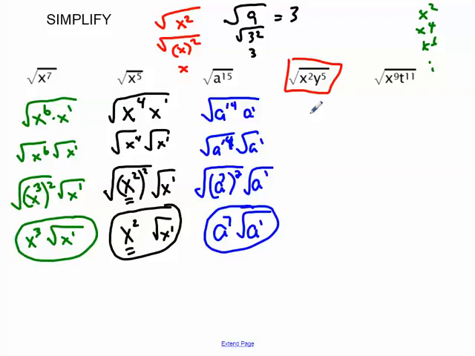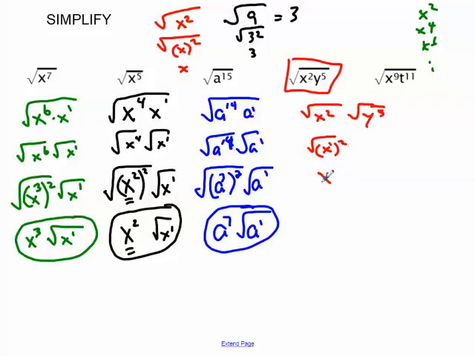This one here, x squared y to the 5th, would be square root of x squared, square root of y to the 5th. Separate and conquer. Give everybody their own house. Square root of a perfect square. I'll rewrite this as x to the first squared. Square root of a perfect square, base comes outside the house.